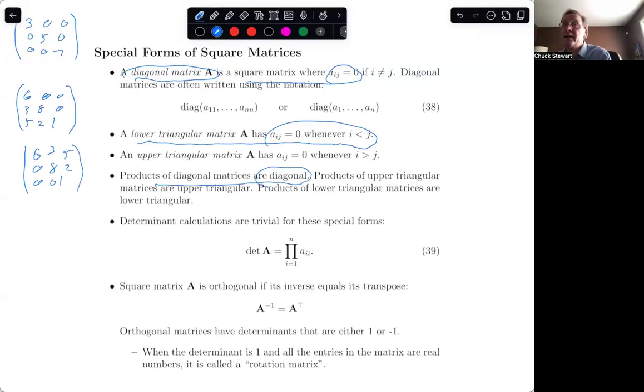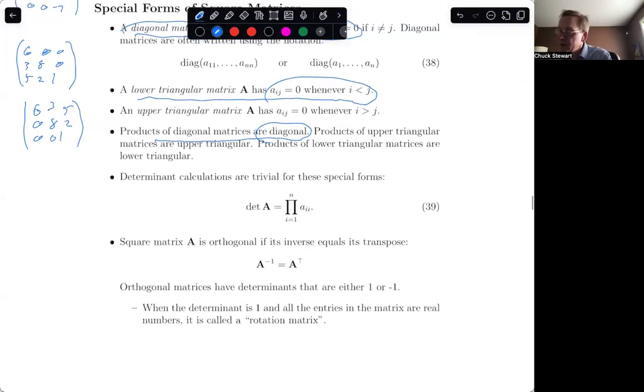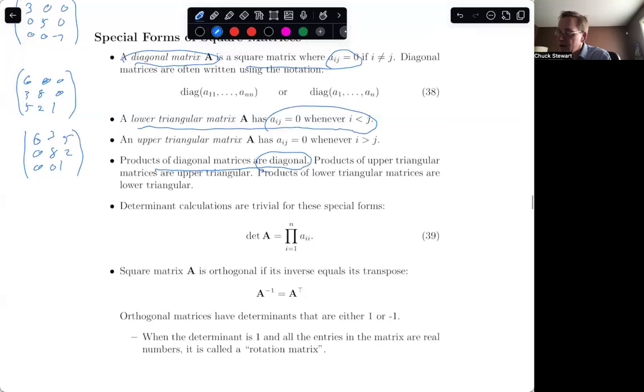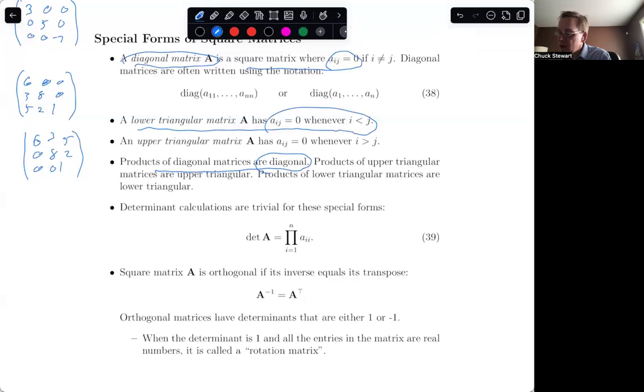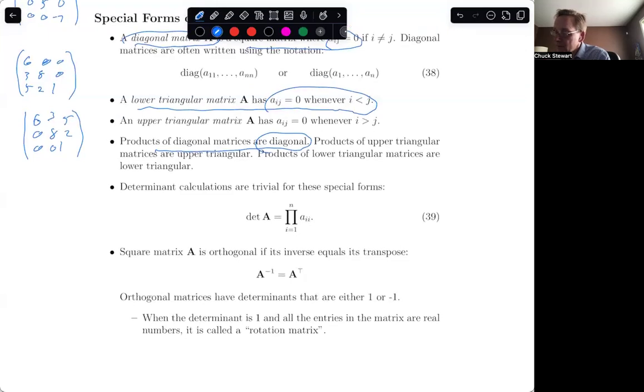And so in particular, the product of a lower triangular or upper triangular and a lower triangular or upper triangular matrix. Boy, that's a mouthful. Okay.